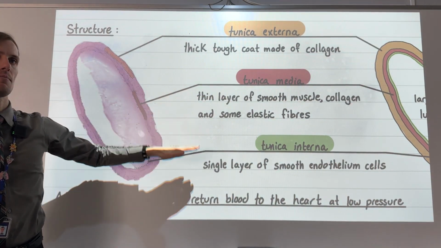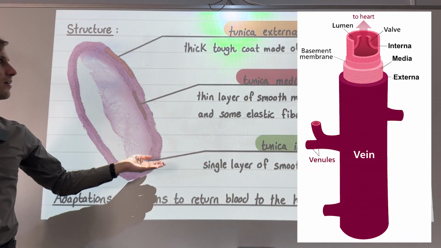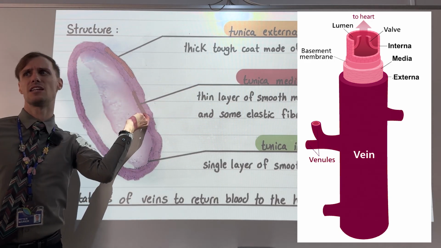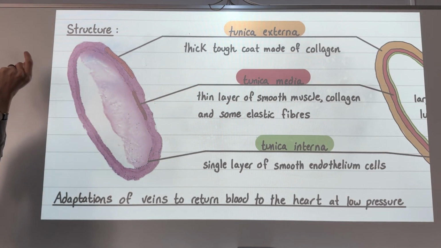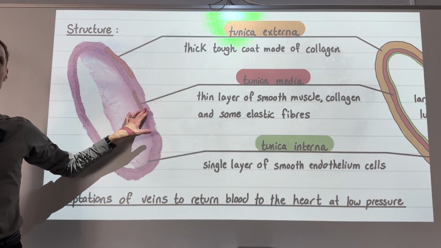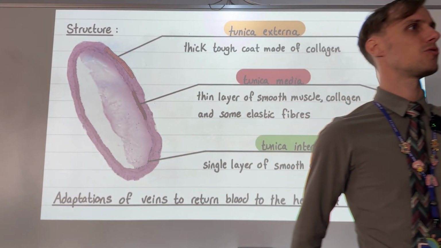They have the same three layers that arteries have: a tunica interna, media, and externa. But notice the vast difference in the relative sizes of these tissues. The tunica media and externa are much, much smaller than those of arteries. So again, it's quite easy to tell the difference between them.